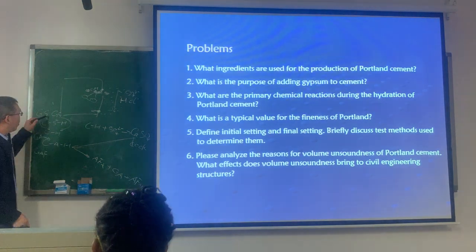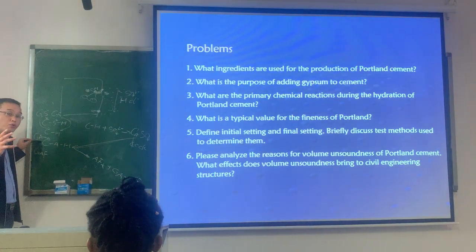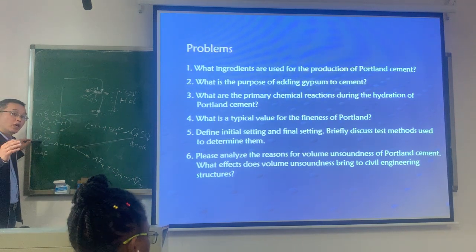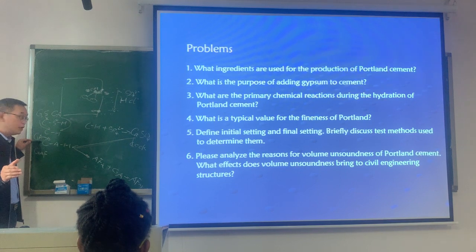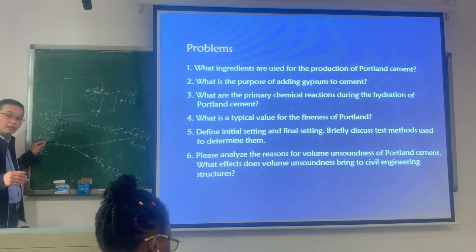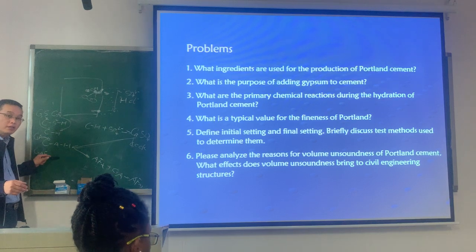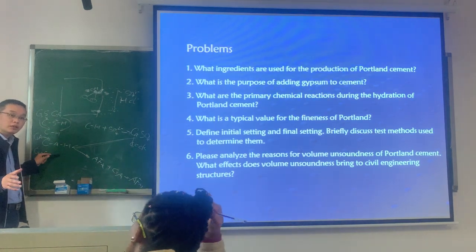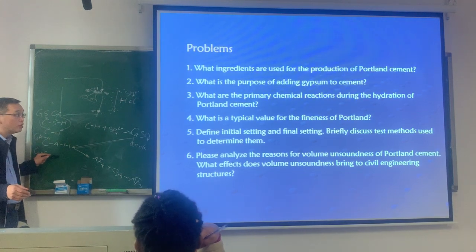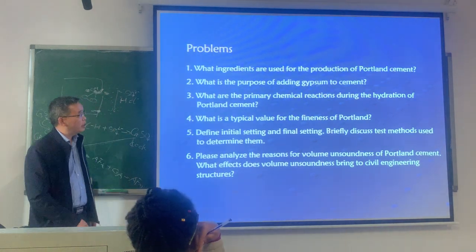So these four, 1, 2, 3, 4, will react with the water and get different kinds of hydration products, such as C-S-H, such as calcium hydroxide, such as CAH, CFH. Some of them are good, some of them are bad or harmful. So these are the primary chemical reactions during the hydration of the Portland cement.